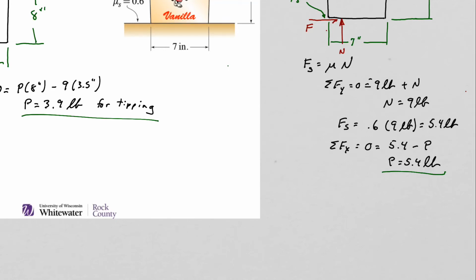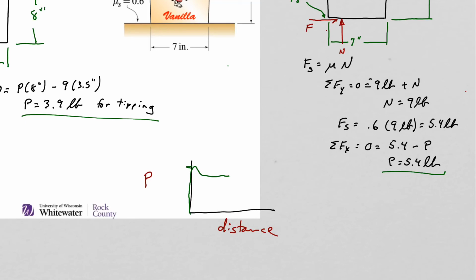So if we look at our graph again, this is our force P that we're applying, and this is the distance that the ice cream is moving. If you remember, the force would continue up, and then at some point it would hit our impending motion and start sliding.